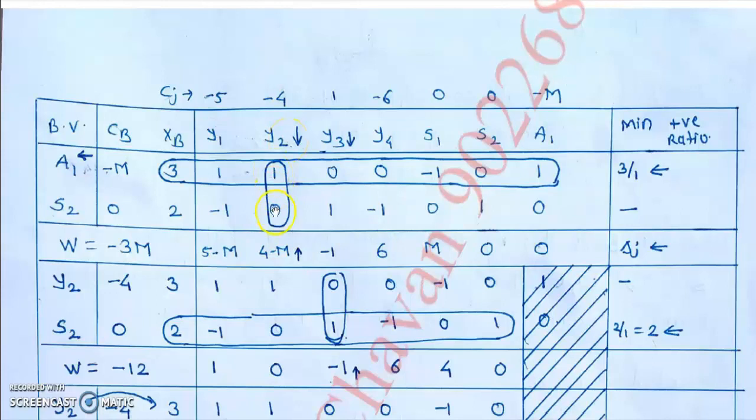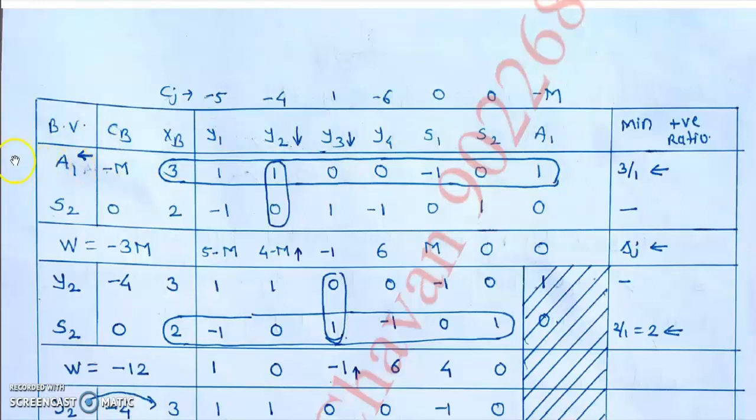Once we decide the key column, we take the ratio of xb with the key column elements. That's why 3 upon 1 is 3 here, and 2 upon 0 gives us infinity, so we put a dash over here. Then we find the minimum positive ratio out of these two, which is 3 only. That's why the corresponding row is the key row, and the corresponding variable, which is a1, is the outgoing variable.